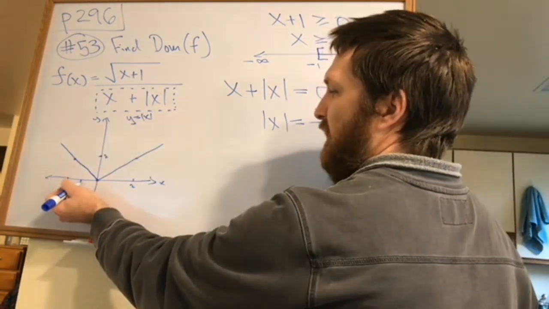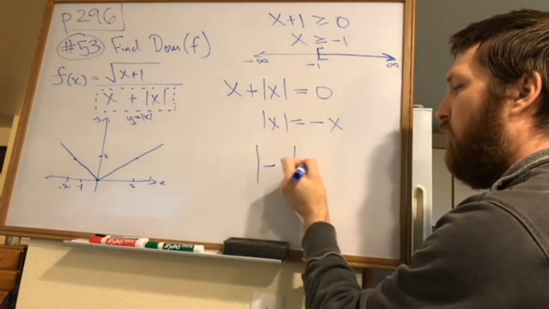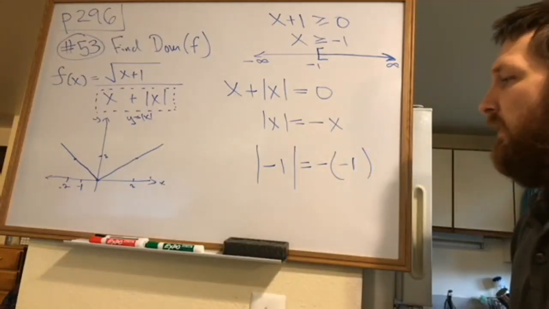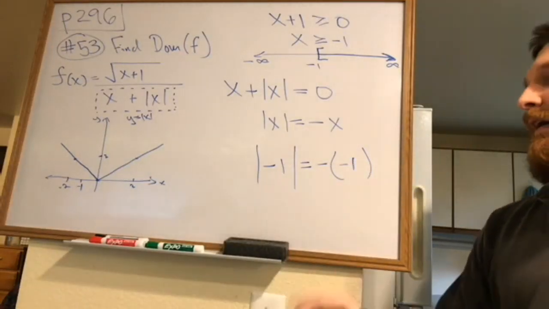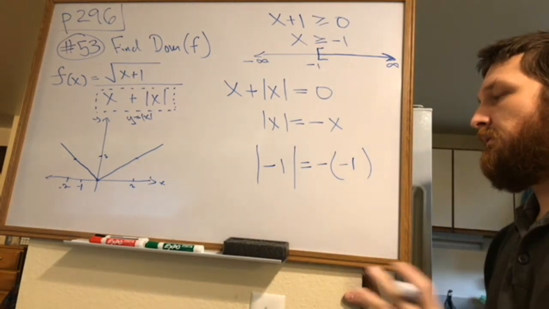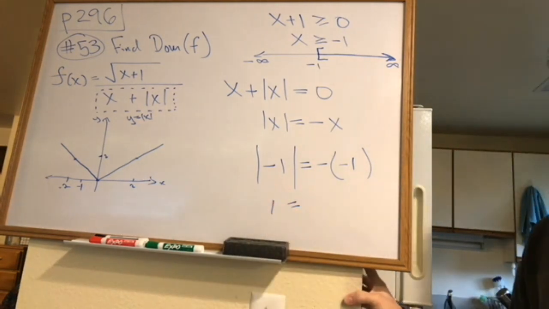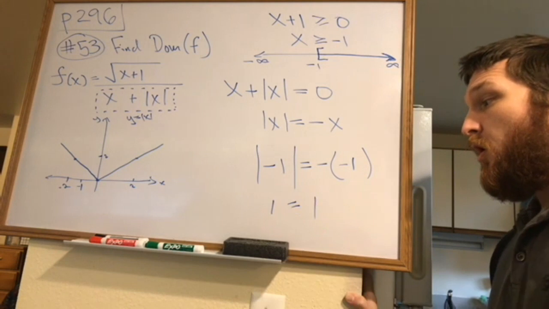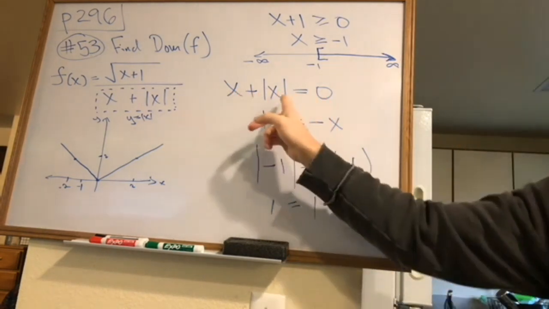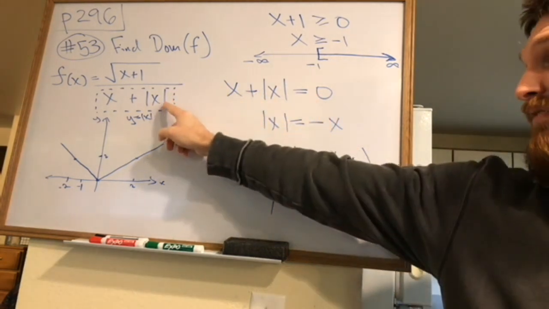Let's try negative 1. What happens when I plug in -1? Let's see. Absolute value of -1 is 1. And -1 is 1. Oh. Ooh. So when I plug in -1, this is equal to 0, and we cannot have that.